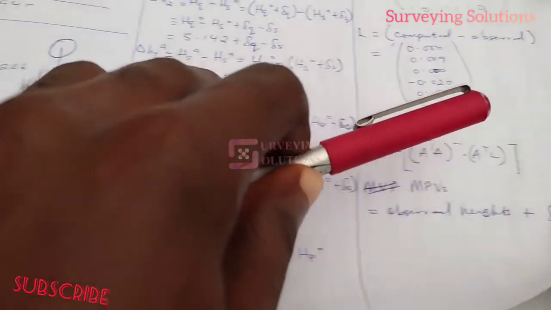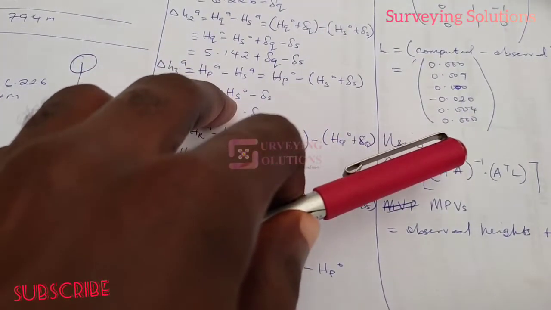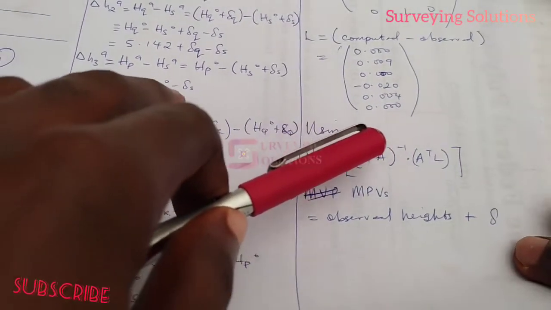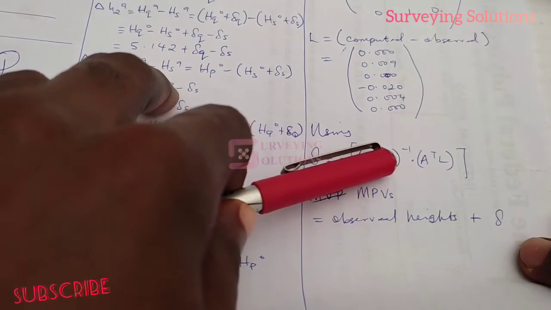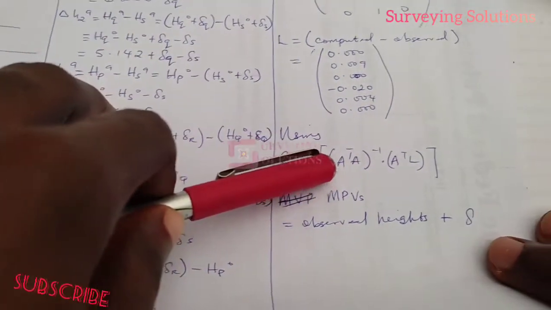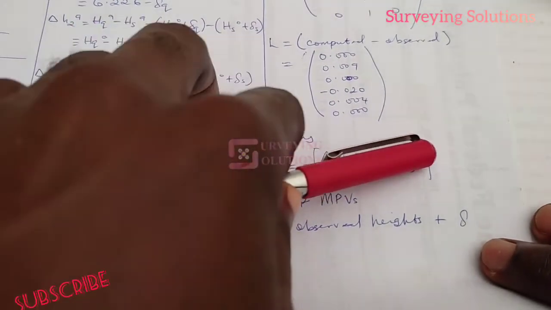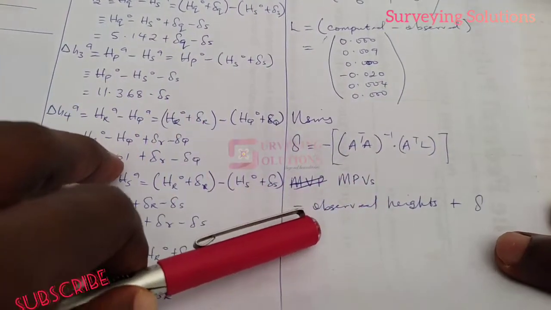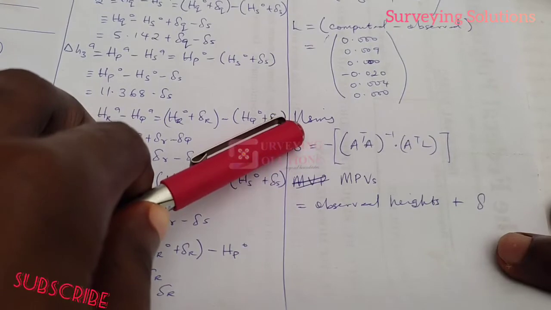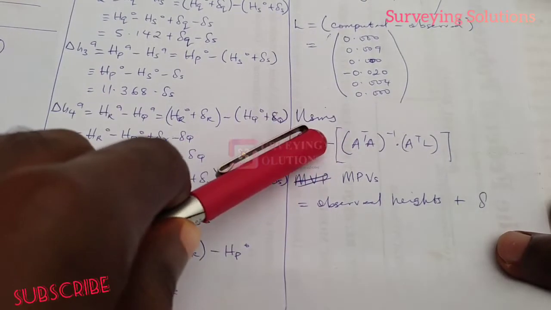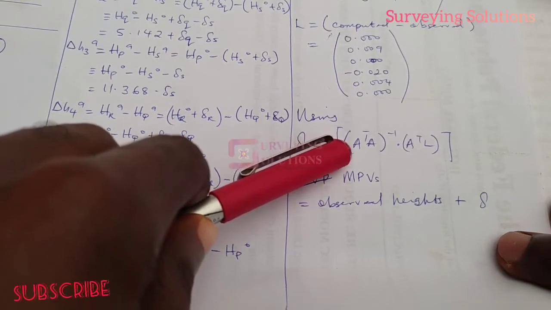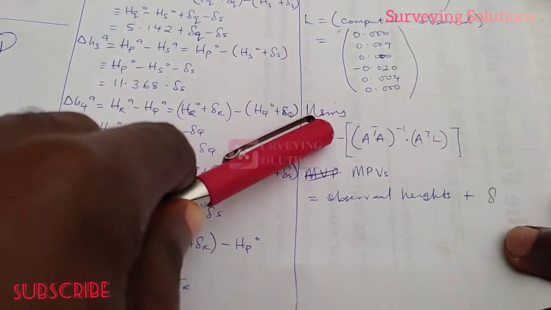So we simply mean that we are trying to get the transpose of A multiplied by A, then we get the inverse, then we also have the transpose of A multiplied by L. Then our most probable value will be the observed height plus whatever answer we have here. So this minus is actually part of the formula. When you see the other videos in this series, you will understand how we explained this minus.